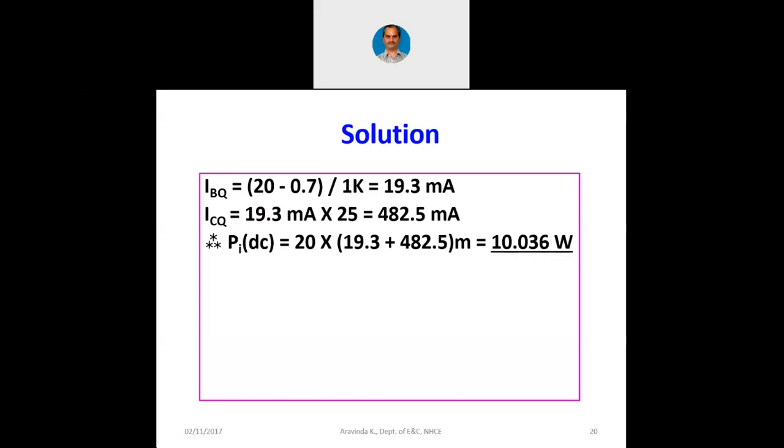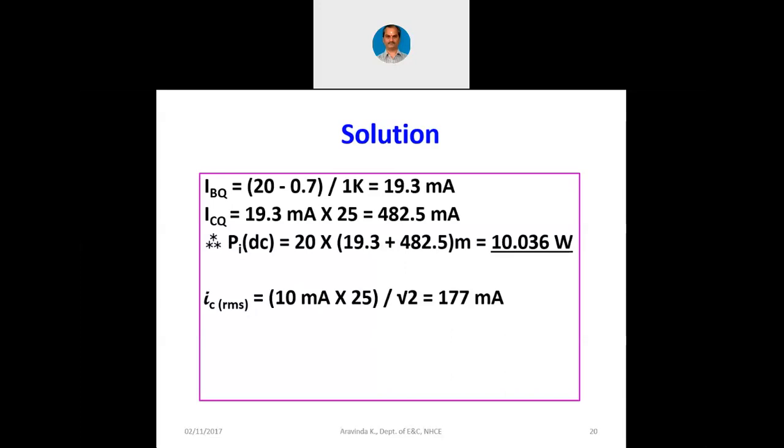Now let us see the AC output power because he has given us the peak input current. So now IC RMS is 10 milliampere into 25 divided by root 2. He has given us 10 milliampere and beta is given as 25. Input maximum current was given as 10 milliampere, so naturally output maximum current is IB into beta, because beta is almost the same for both AC as well as DC analysis.